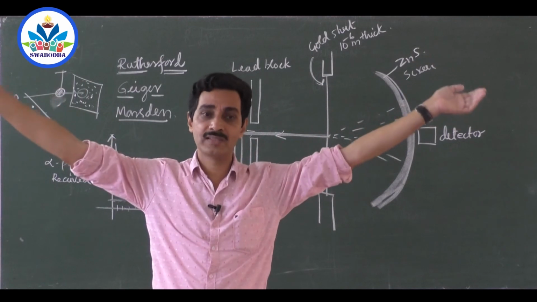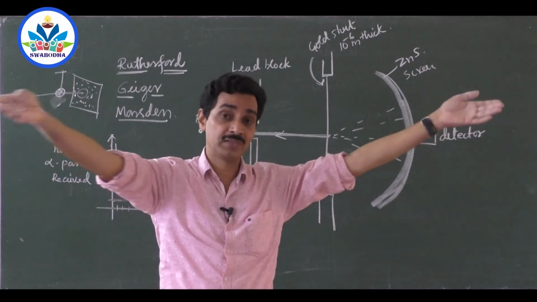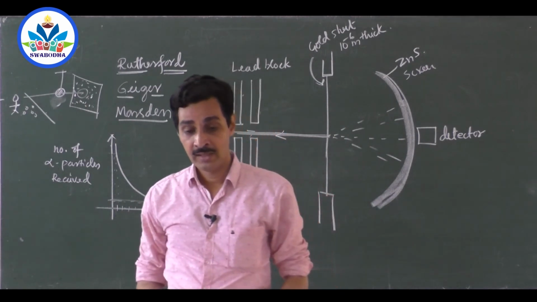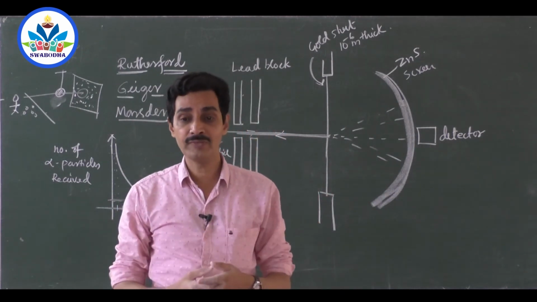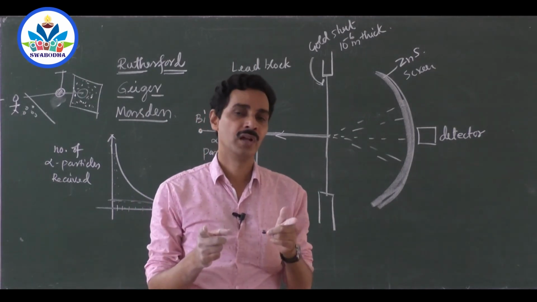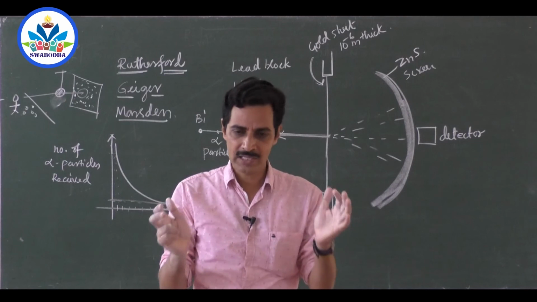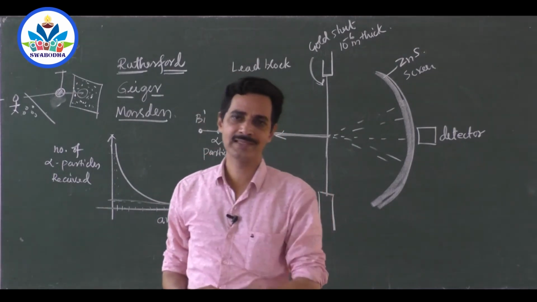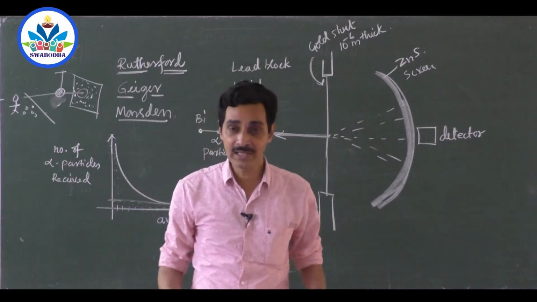It's a very huge solar system. But remember that most of the space in the solar system is empty, isn't it? In the same way, since only a few alpha particles return back, in the atom almost all the mass must be concentrated at a smallest part, and that part is named as nucleus. That is how he concluded.